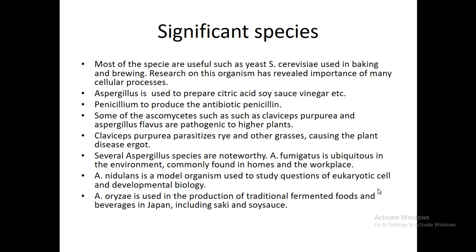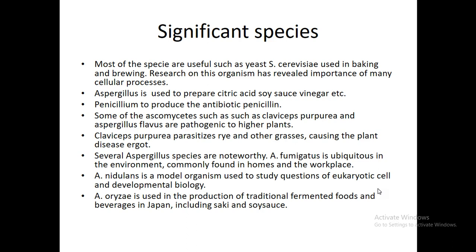Other significant species include yeast, and many of the ascomycetes show a life cycle that alternates between yeast and filamentous form. That is, they can produce hyphae as well, or they can reproduce like yeast by budding off from the parent cell.